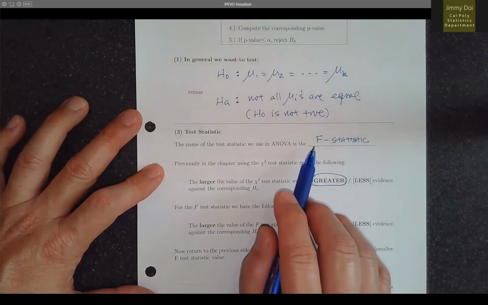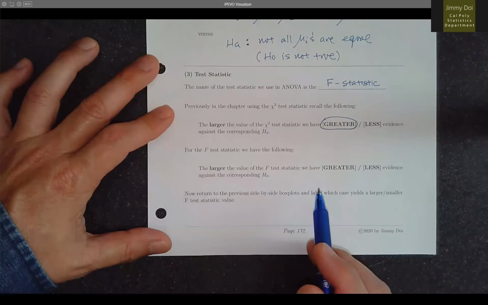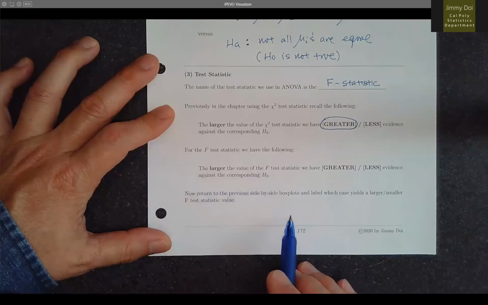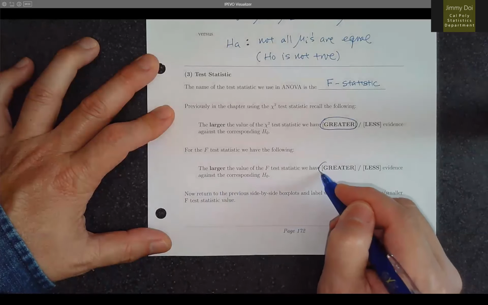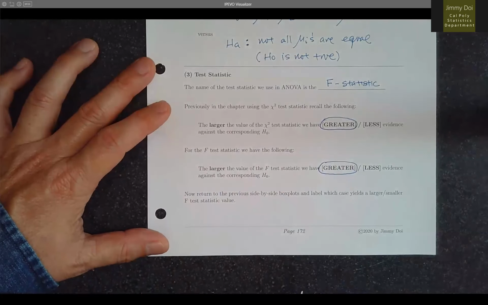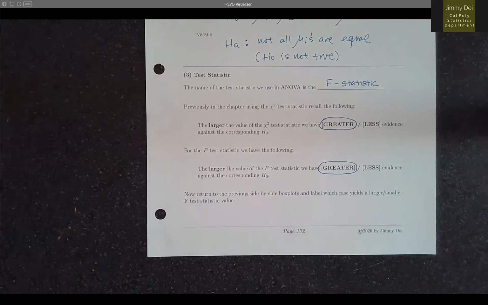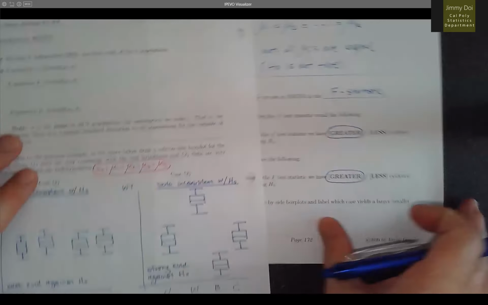So it starts at 0, and the larger the value of the F statistic becomes, the more and more evidence we have against the null hypothesis. So look at this, I've already answered this for you. The larger the value of the F statistic, we have greater evidence against the null hypothesis. Please mark that. Although I'm not showing you the formula for the F statistic, I would like you to add this note.